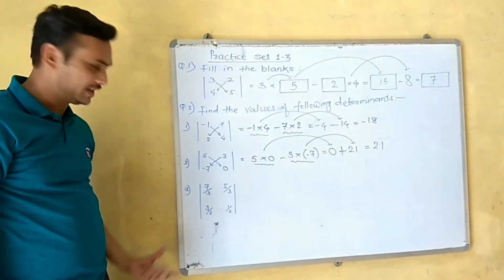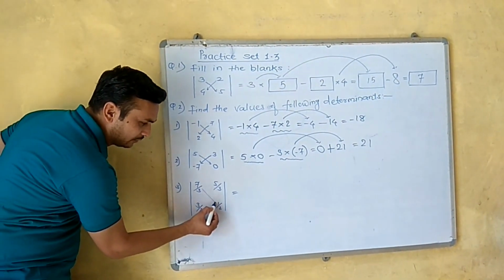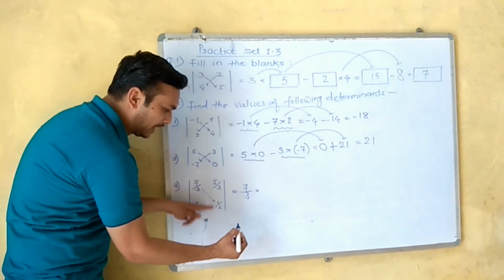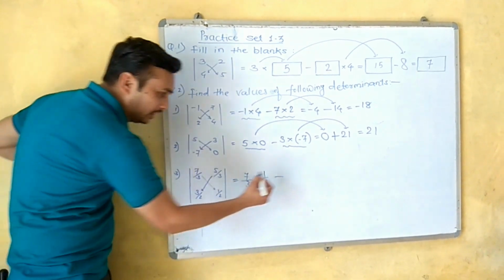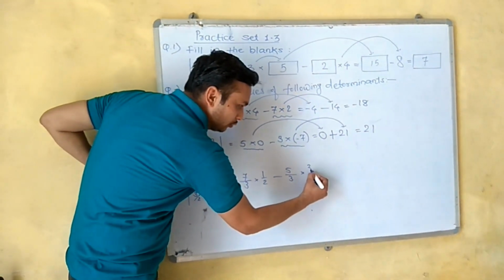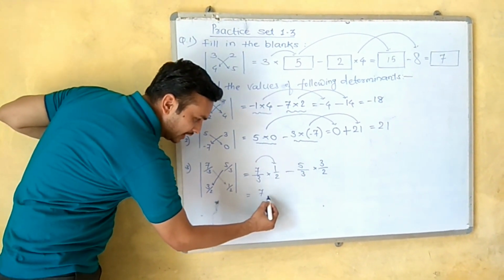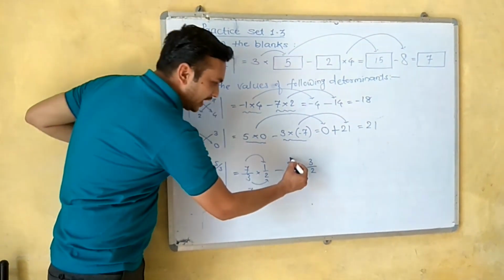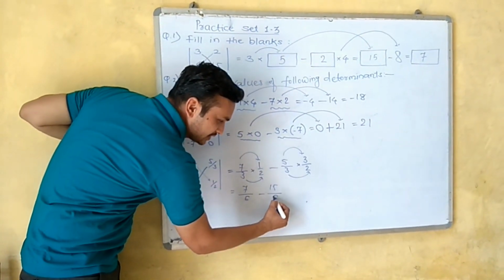Now in this way, example number 3. Same method, cross multiplication first of these two elements. 7 upon 3 multiplied by 1 upon 2 minus 5 upon 3 multiplied by 3 upon 2. 7 1s are 7 upon 3 2s are 6, minus 5 3s are 15 upon 3 2s are 6.